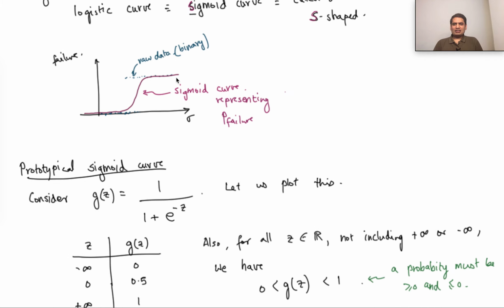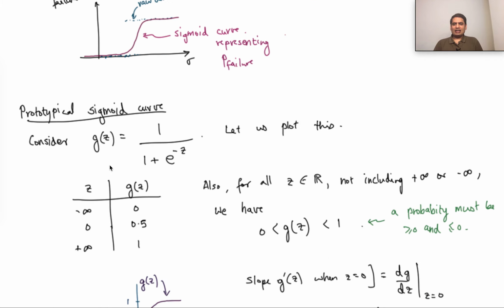So we want to fit a sigmoidal curve that looks like this, and it's useful to consider a simple expression that approximates or captures a sigmoidal looking curve like this. This is maybe the most common function that is used when you want to approximate a sigmoid.